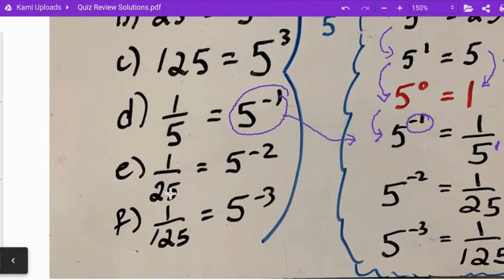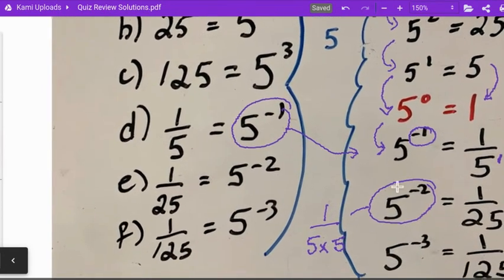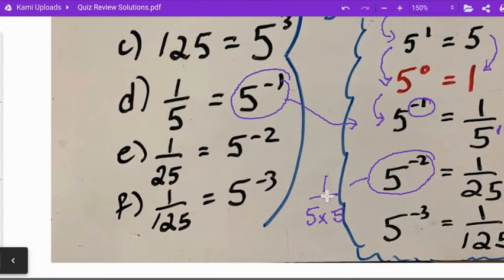1 over 25, that's 5 to the negative 2 right here. It's like we have 2 5s in the denominator. We can also think of 5 to the negative 2 as 1 over 5 times 5. We know that 5 squared is 5 times 5, and 5 to the negative 2 is 1 over 5 times 5.